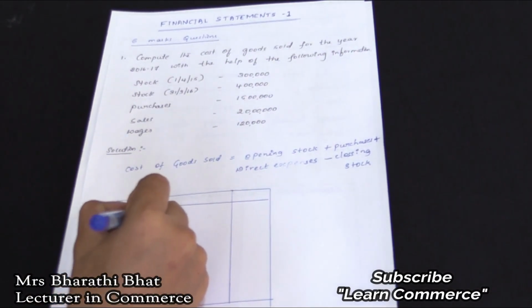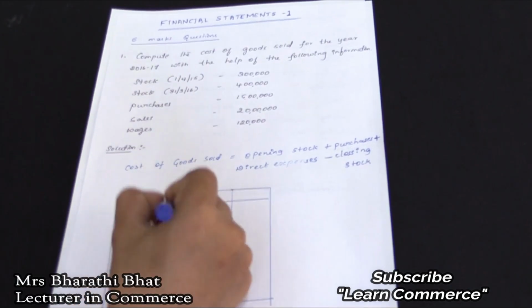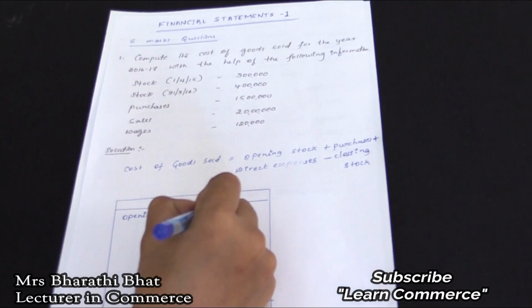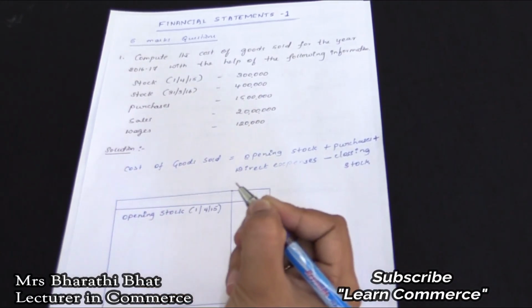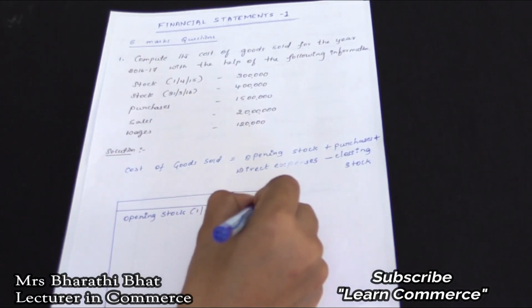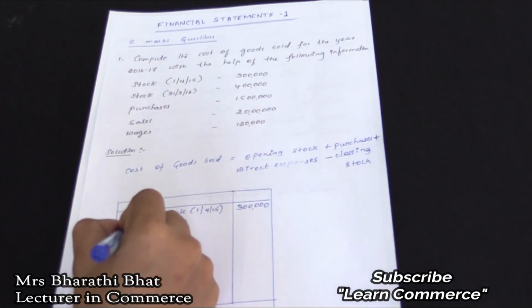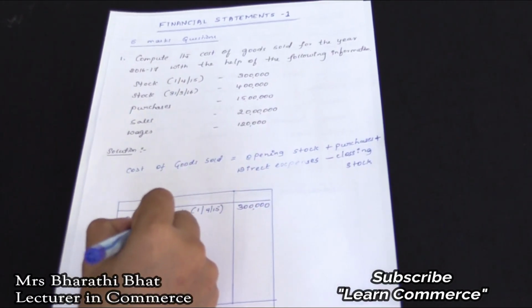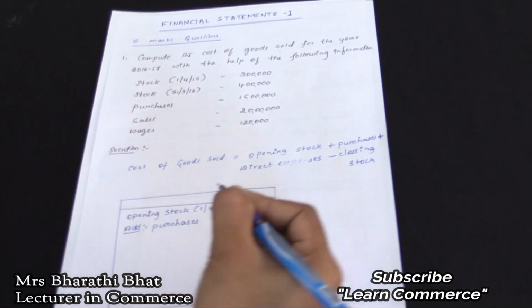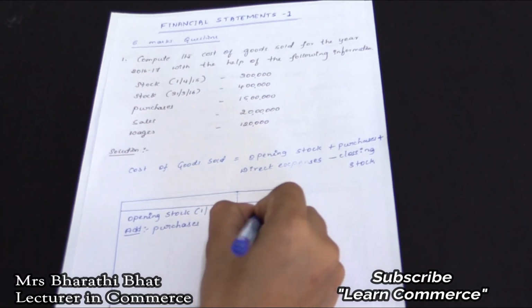Write opening stock in brackets, 1/4/15, because the information is given that way: 3 lakh. Add purchases, how much? 15 lakh.